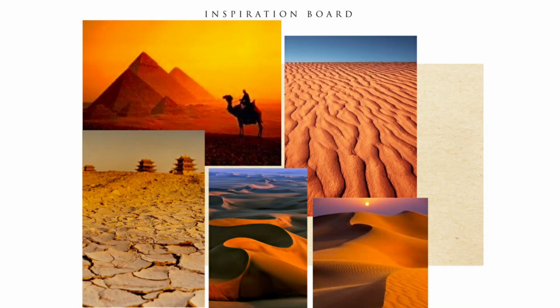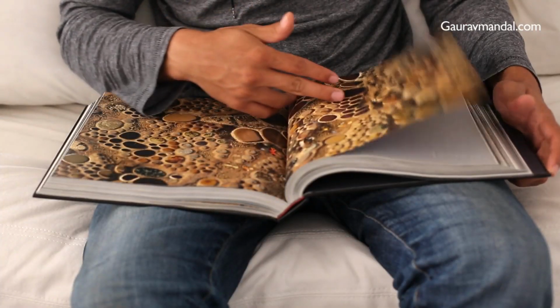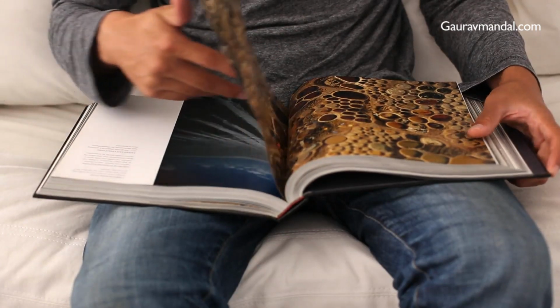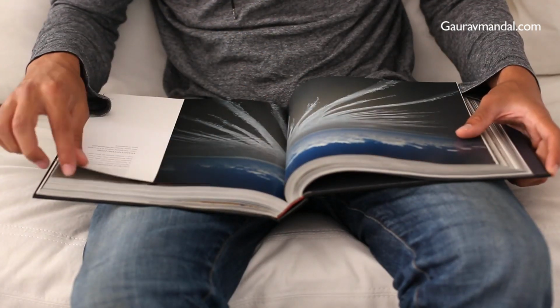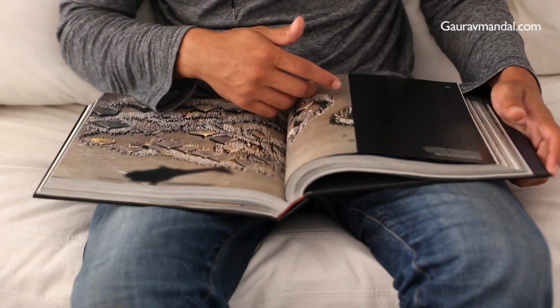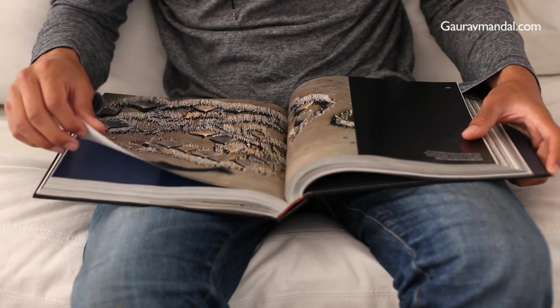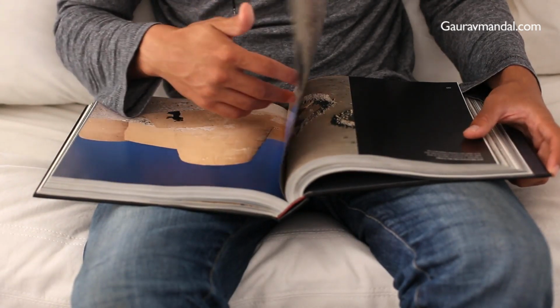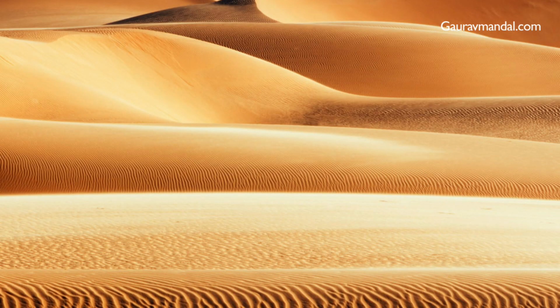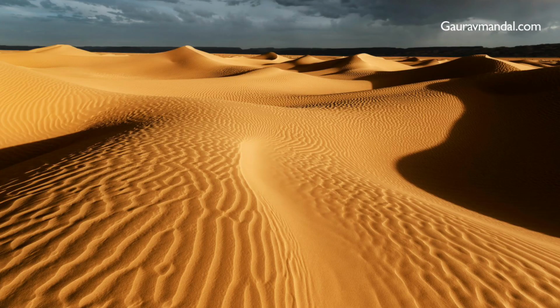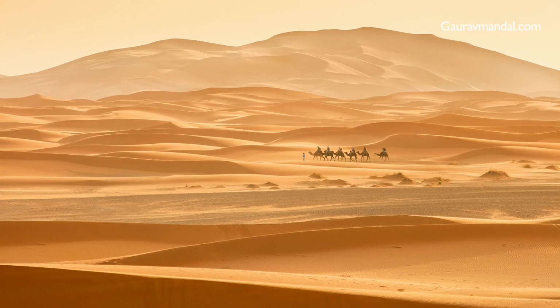Now, the second step to move towards creating a mood board is to do research on the desert, so that you can understand the basic characteristics of desert and also what kind of visual direction you get in terms of colors, in terms of texture, and also in terms of shape that you're getting out of desert.